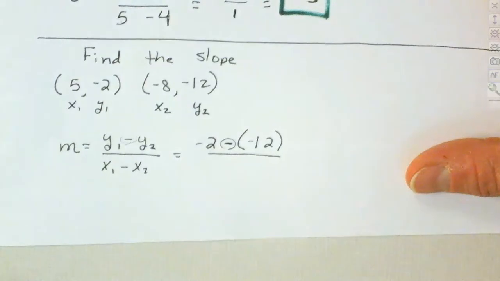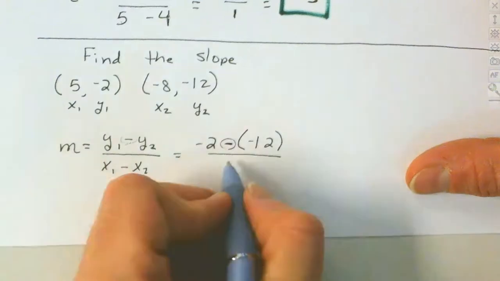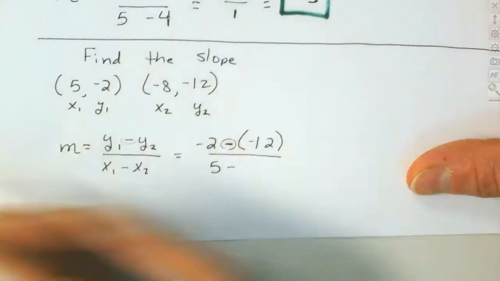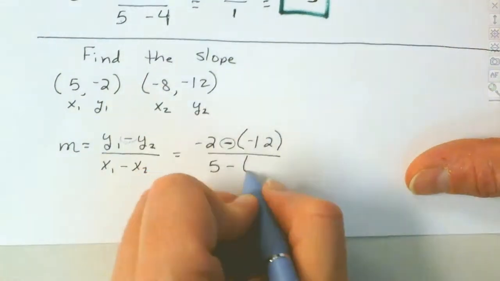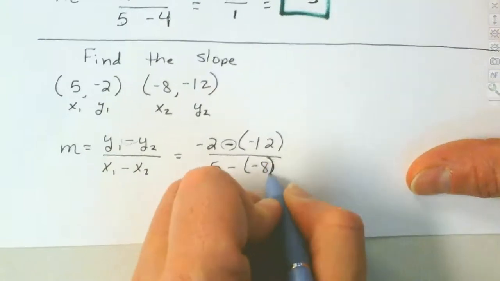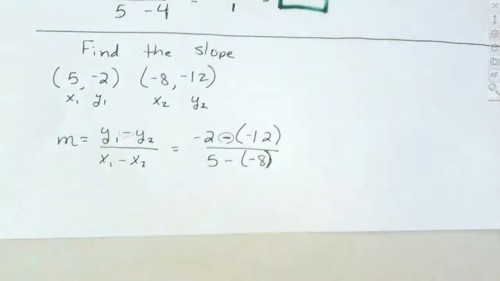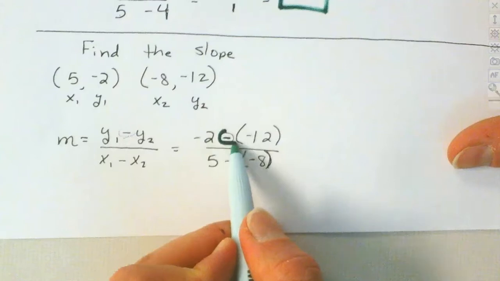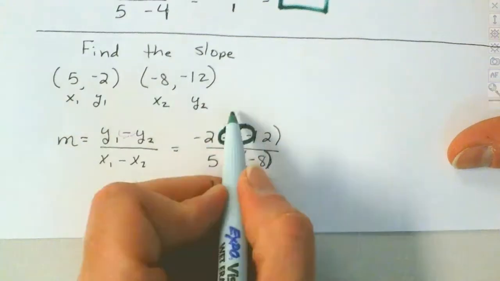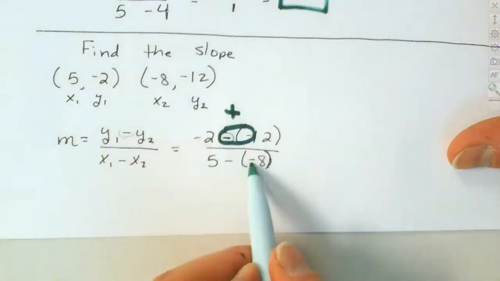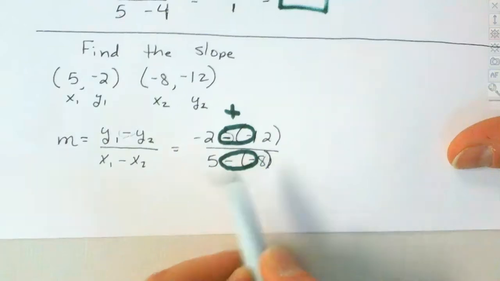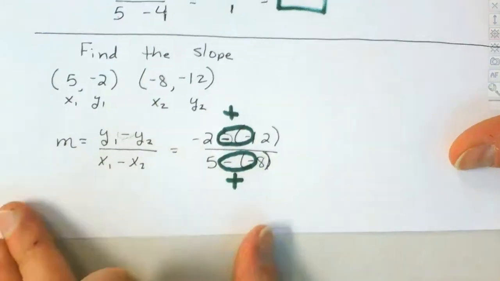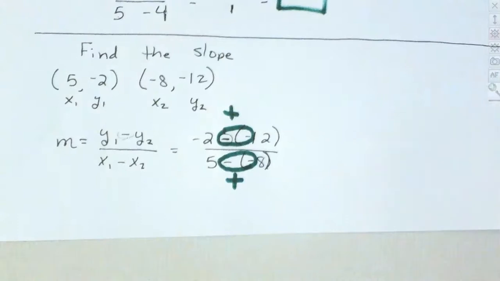What about the denominator? What do we have down below? Well, down below we've got 5 minus a minus 8. So again, be very, very careful with the double negatives. The double negative here is going to make this now what? Positive. And the double negative here is also going to make this positive.